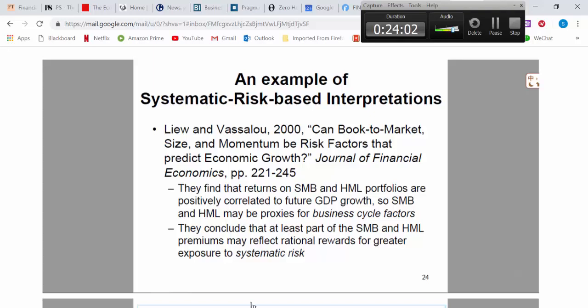GDP growth can be high, can be low, can be zero, can be negative. So they're asking what happens to SMB when the economy is good, and what happens to SMB when the economy is bad.